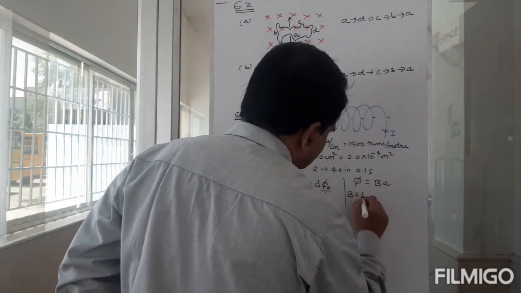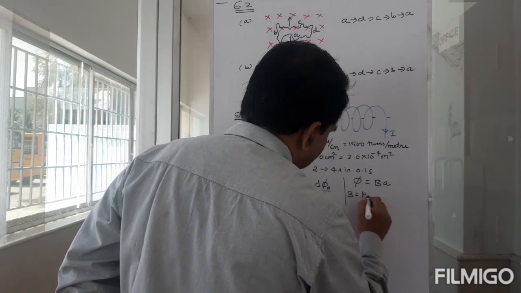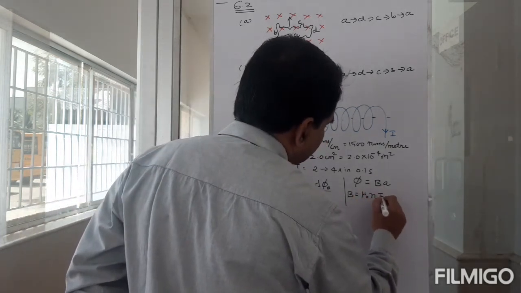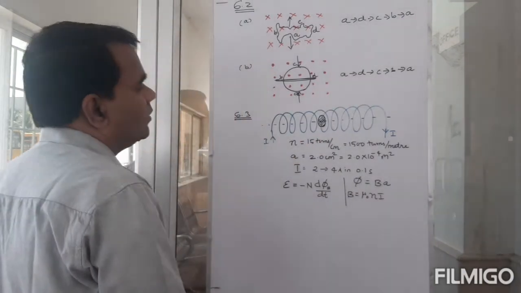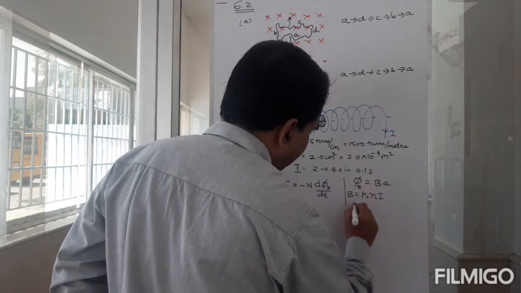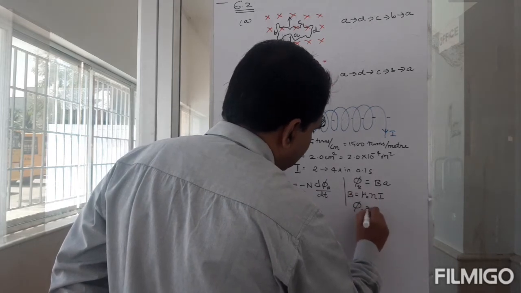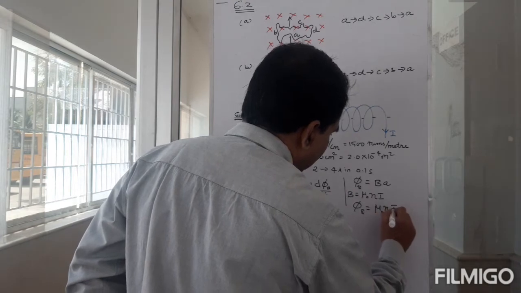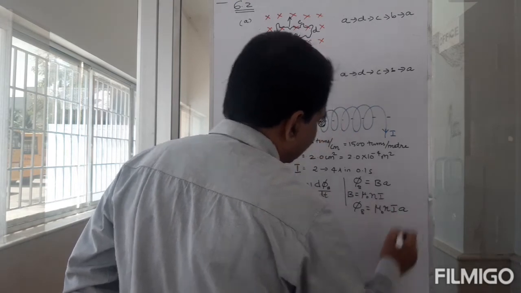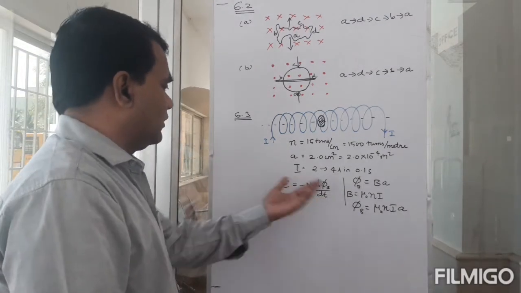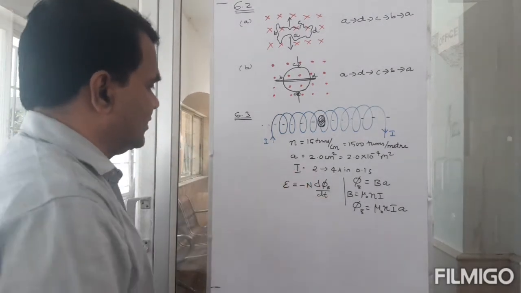B, from your long solenoid equation, is mu naught n into I. So the magnetic flux phi b is equal to mu naught n I into A. Okay, so let me plug all those things here.